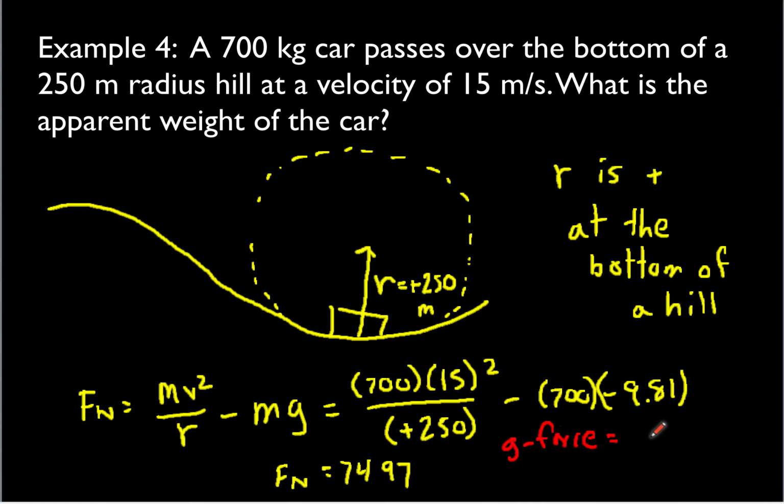We can calculate the g-force on our object by going Fn divided by Fg. This is 7,497 divided by mg, which is 1.1. The result is greater than 1, which means we have an increased g-force. The object feels heavier at the bottom of the hill than it normally would.